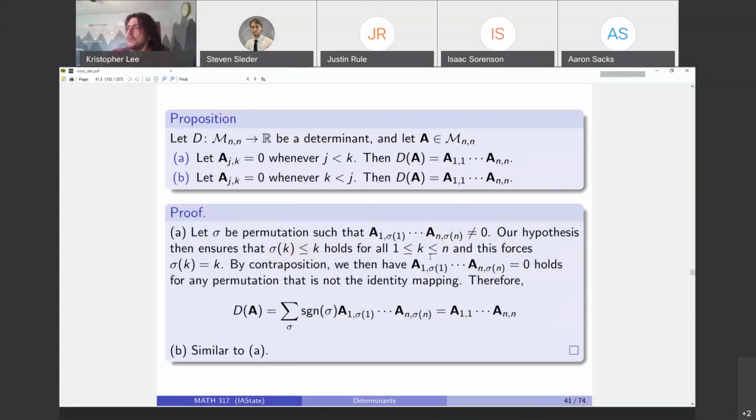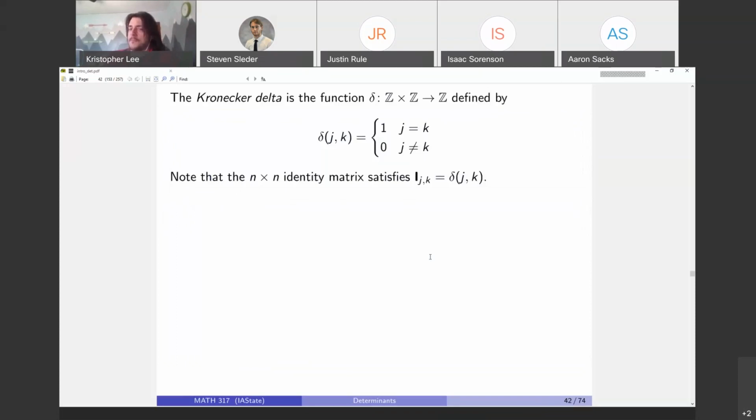All right, so with all of this said now, let us begin the process of finally getting to the recursive formula. So our final goal now is to basically establish the recursive formula. And the way to do that is to introduce some new things. So the first thing we need to introduce is this Kronecker delta.